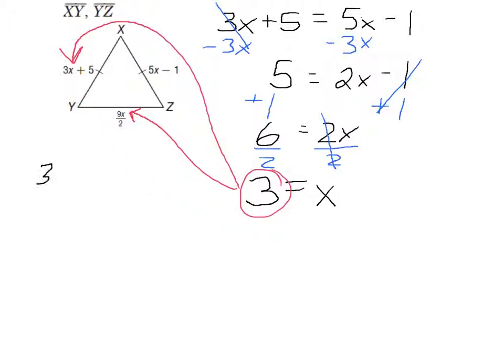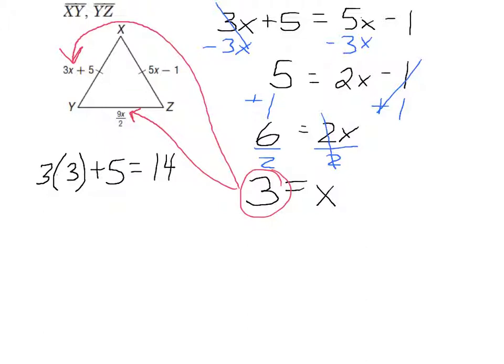So 3x means 3 times x, or 3 times 3 in this case. That is equal to 9 plus 5, which is 14.